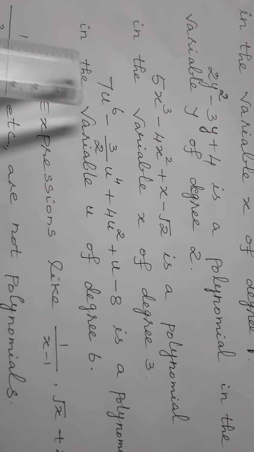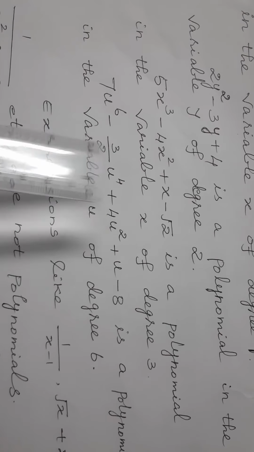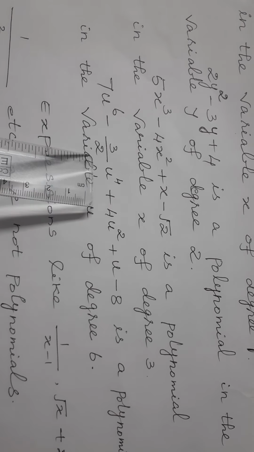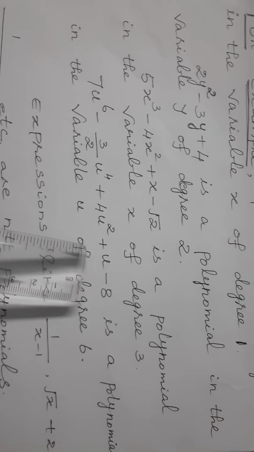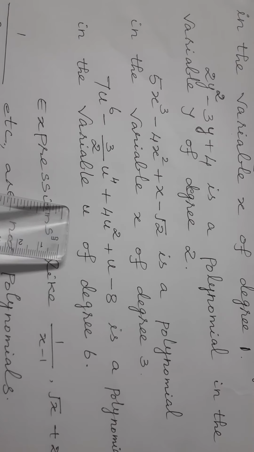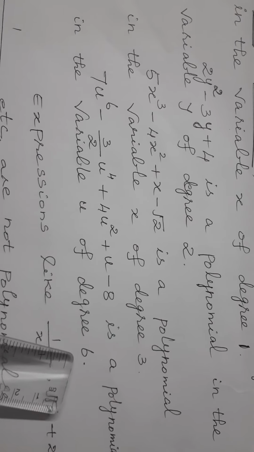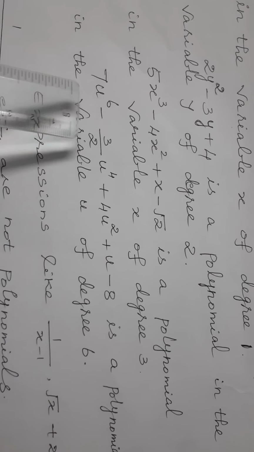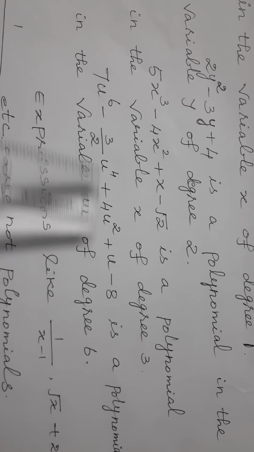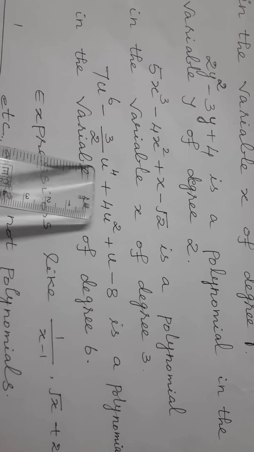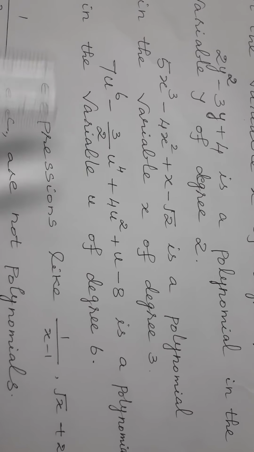Take this polynomial 7u power 6 minus 3 by 2 into u power 4 plus 4u square plus u minus 8. It is a polynomial in the variable u of degree 6, because here the highest power of the variable u is 6.